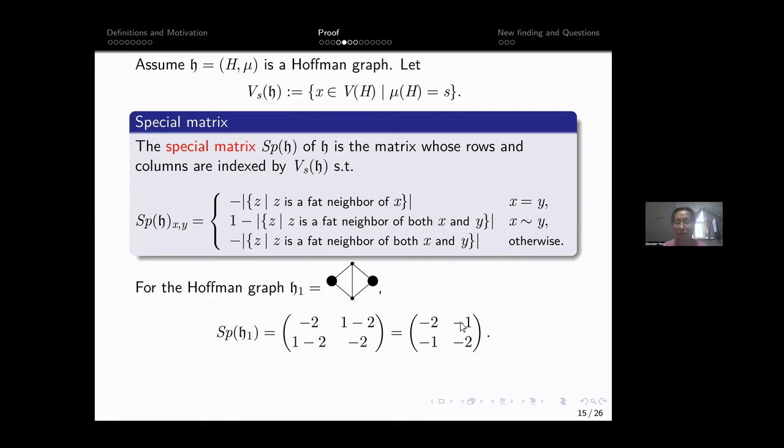We see the eigenvalues of Hoffman graphs are the eigenvalues of its special matrix. And as for graphs, we use lambda minimum of H to denote the smallest eigenvalue. There are many reasons why we define the special matrix this way, and here I give a few.